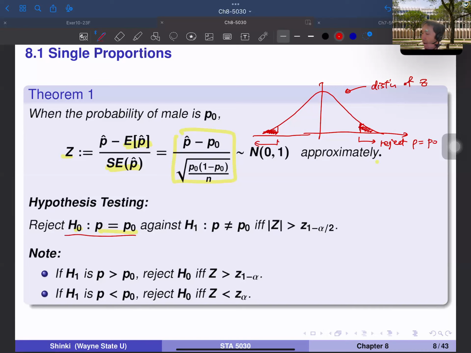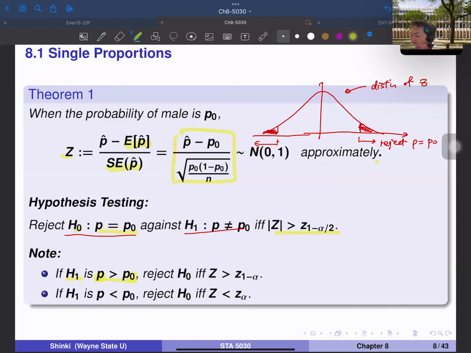So we reject the null hypothesis against p not equal to p0 if z falls in the extreme range, either the left tail or the right tail. If the alternative hypothesis is one-sided, for example, the probability of male is more than 50%, then we only reject H0 if z is large enough.